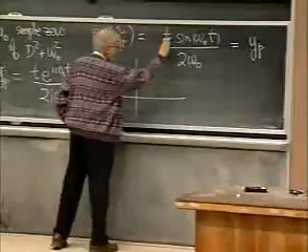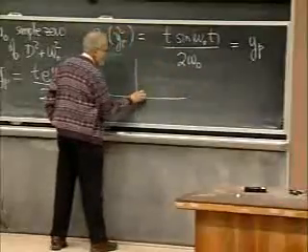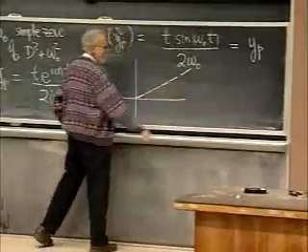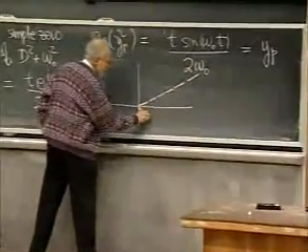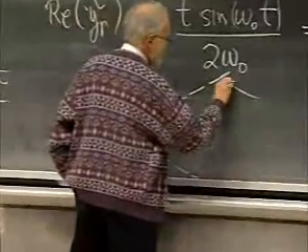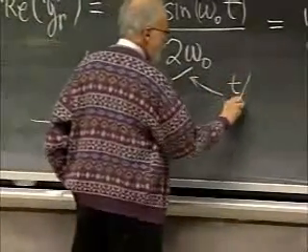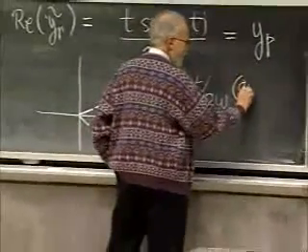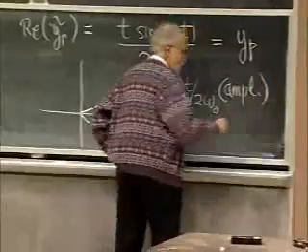So the amplitude is the function t divided by 2 omega naught. Just as we did when we talked about damping, you plot that, and its negative on the picture. So this is the curve whose graph is t divided by 2 omega naught. That's the changing amplitude, as it were.